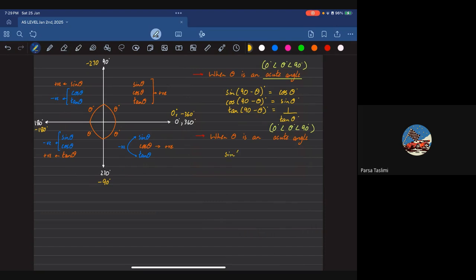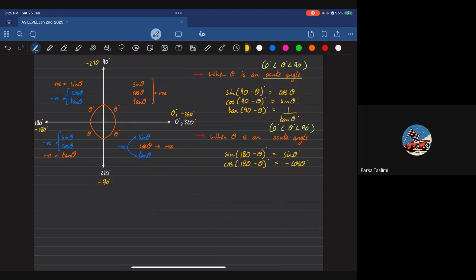So what happens when you do 180 minus theta? Sine of 180 minus theta is equal to sine theta of the original angle. Then cos of 180 minus theta is going to give you negative cos theta.